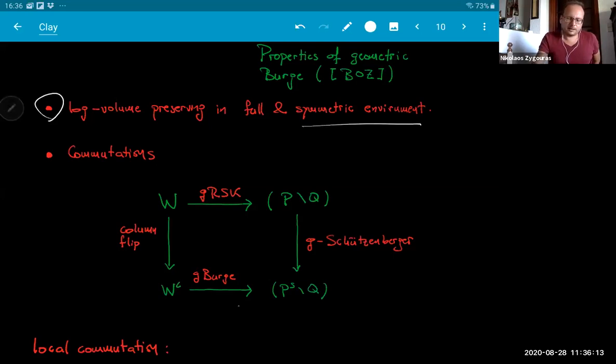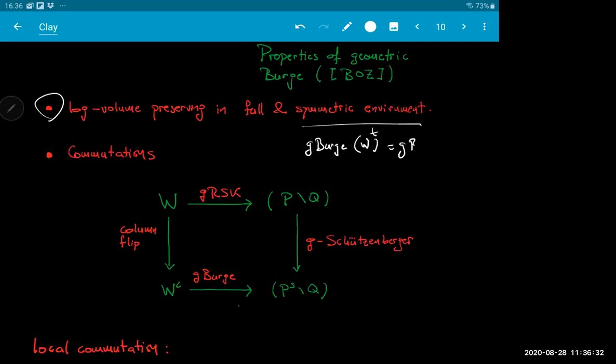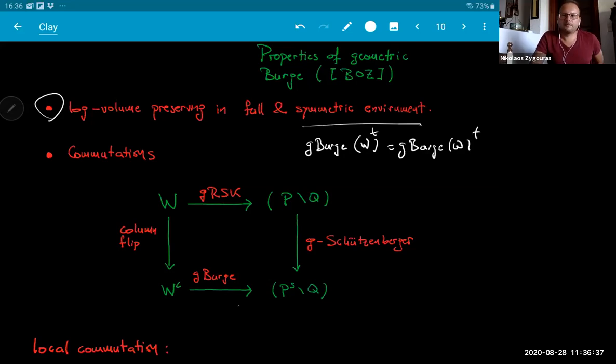The next one was an extension to symmetric environments. Well, one thing that we have is if we have a geometric Birch correspondence of a matrix W, and you would like to see what's the geometric Birch correspondence of the adjoint of this, then you take the adjoint of the original input.